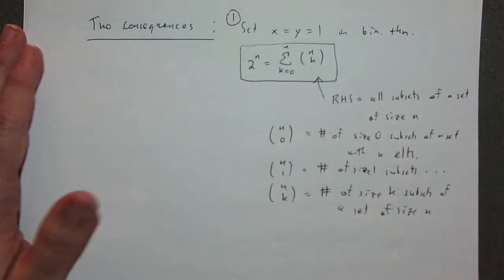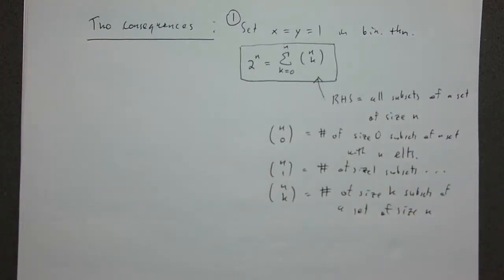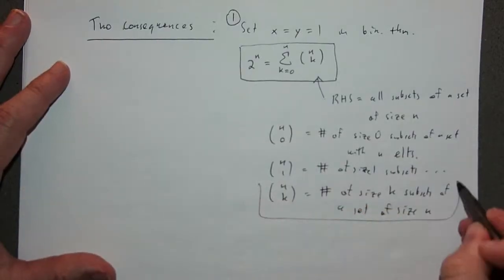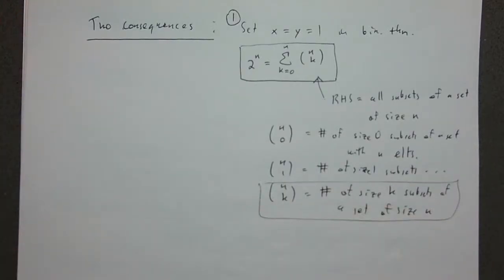When we say size, we mean cardinality here. We're talking about sets. So I am adding on the right-hand side the different size subsets of a set of size n, right? So it's all of the size 0 subsets, size 1, size 2, size 3, all the way up to n.